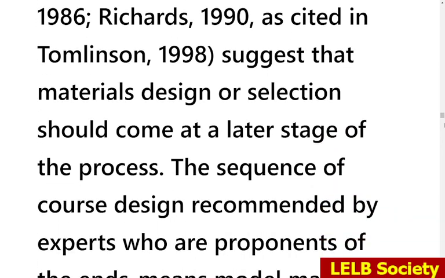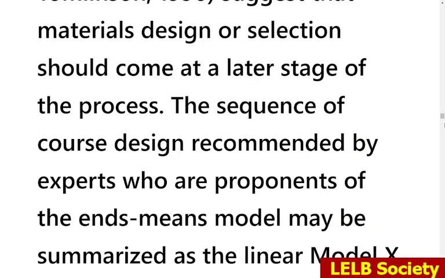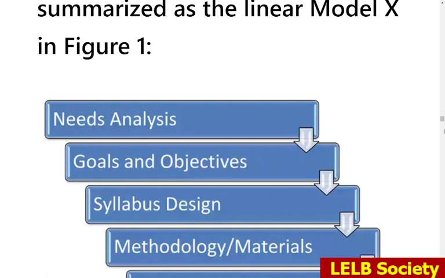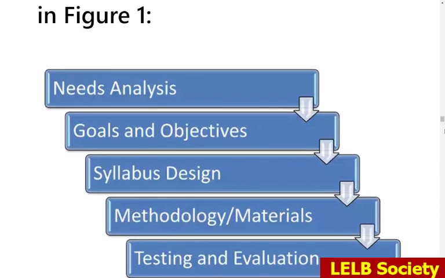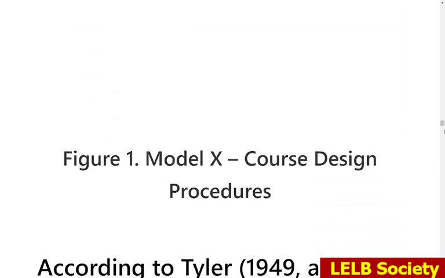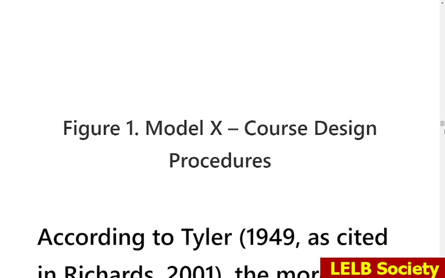The sequence of course design recommended by experts who are proponents of the ends-means model may be summarized as the linear model X in figure 1. As you can see, needs analysis is on top of this diagram, then goals and objectives, syllabus design, methodology, materials, testing and evaluation. And the caption is figure 1, model X, course design procedures.